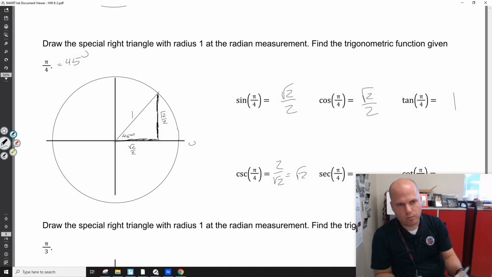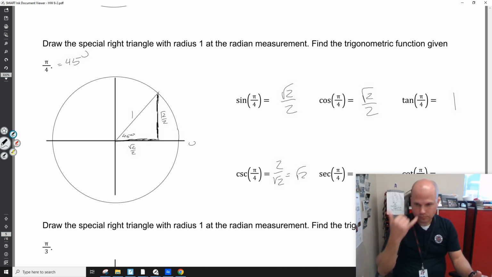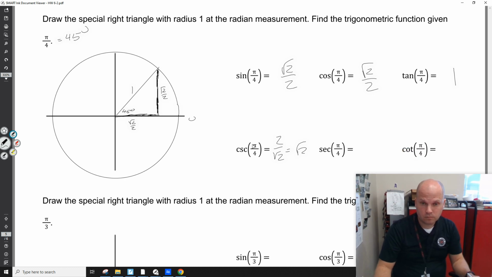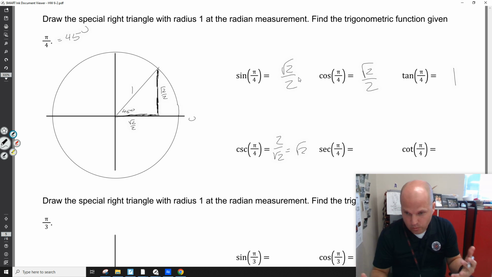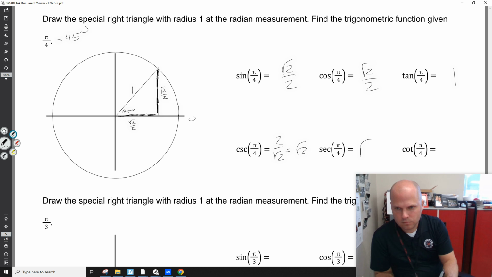Or if you think about it, when we first found these side lengths, it was 1 over root 2, because we took the square root of a half to find the side lengths, and then we rationalized the square root of 1/2, or 1 over the square root of 2. Secant, tangent, cotangent.